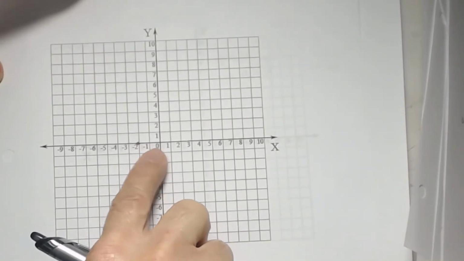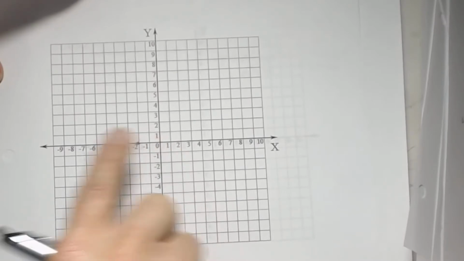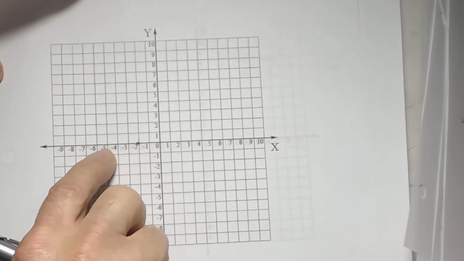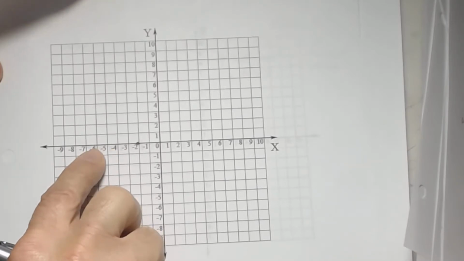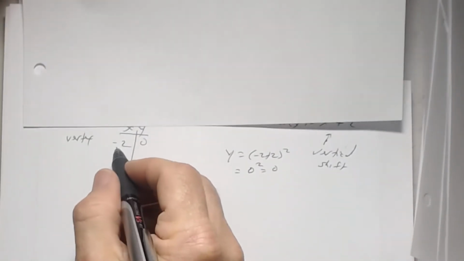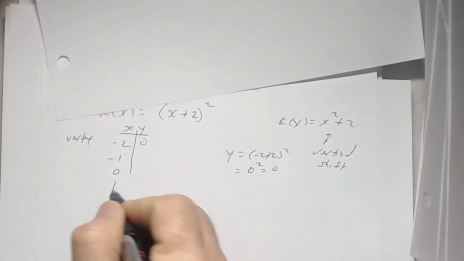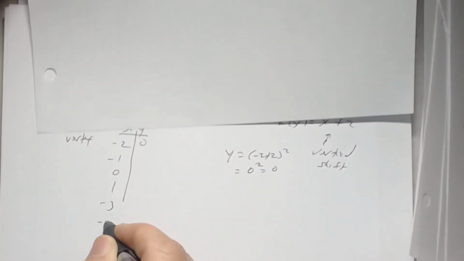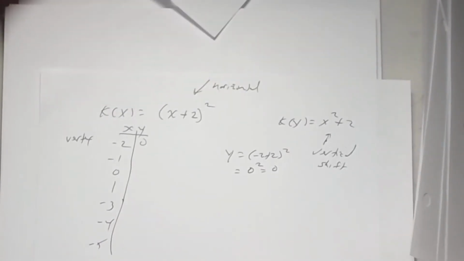What else? 1. Okay. What about on the left? -3, -4, -5. Okay. Do you all see it? All right. So you have -2, then you're going to say -1, 0, 1, and then -3, -4, -5. All right?